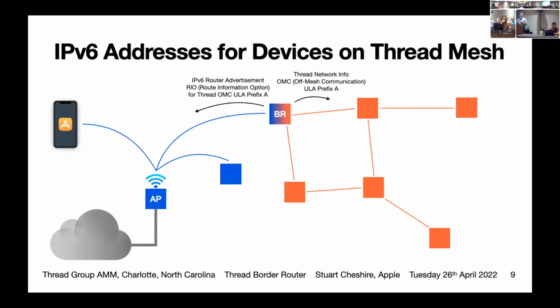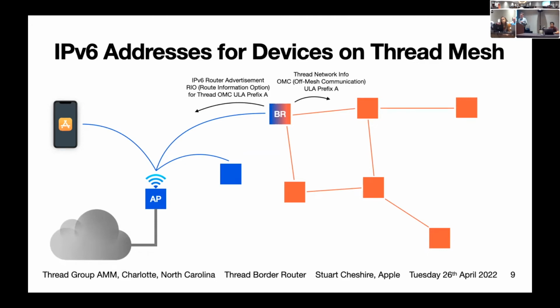In addition to configuring the Thread nodes with the off-mesh communication prefix they should be using, the border router also uses IPv6 router advertisements to inform its neighbors on the Ethernet or Wi-Fi segment that if they want to reach an IP address within this prefix, then this router is the router to use.